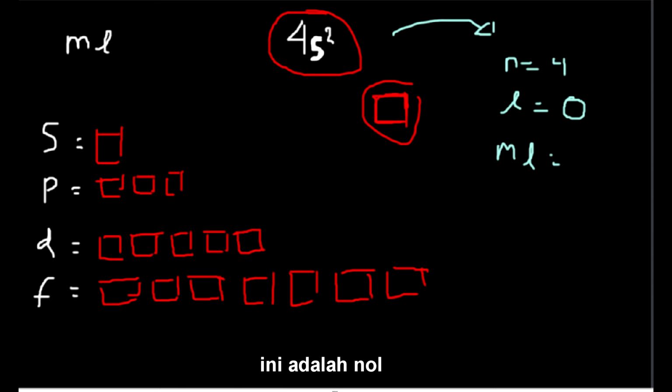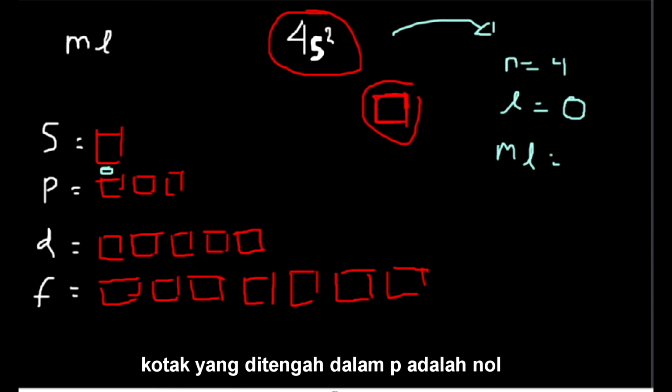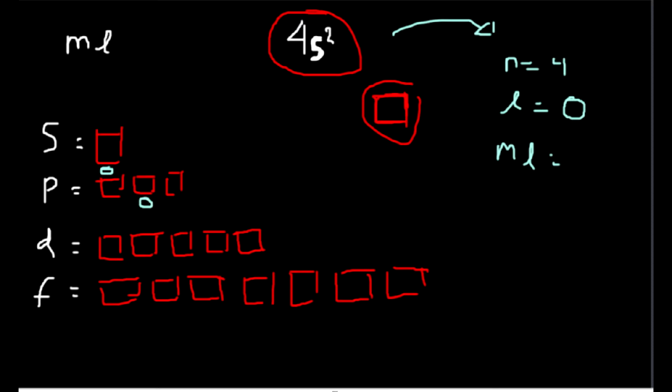In S it would be 0 in the first box. In the middle of P there are 3 boxes, right? So the middle would be the second one, and that would be 0. The center of these 5 boxes is the third box, and this would be 0. This is the mid part of these 7 boxes, which makes it the 0.